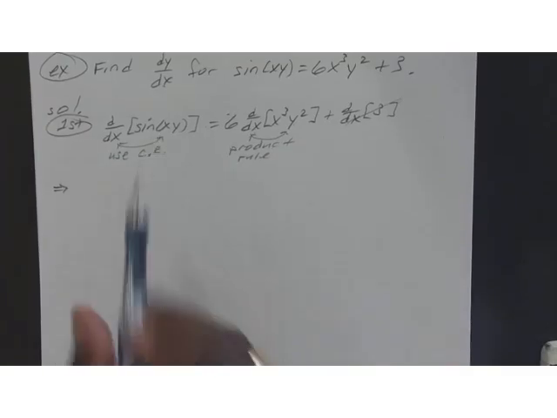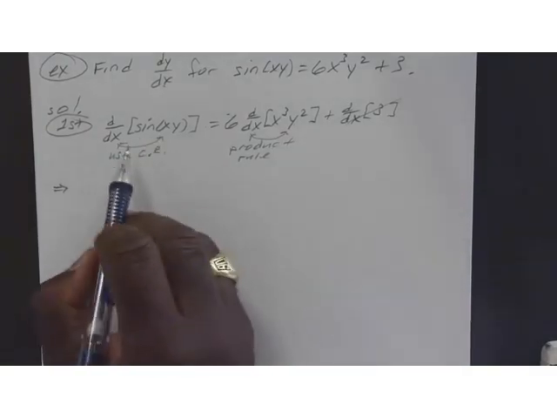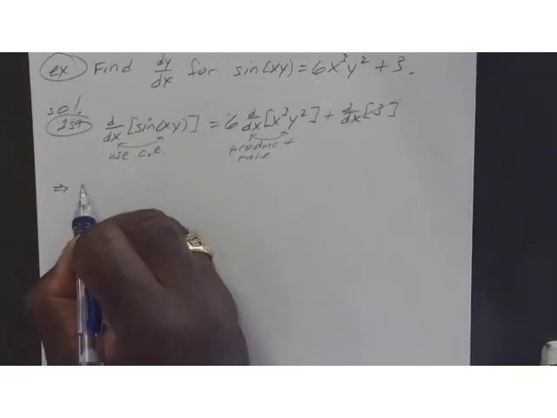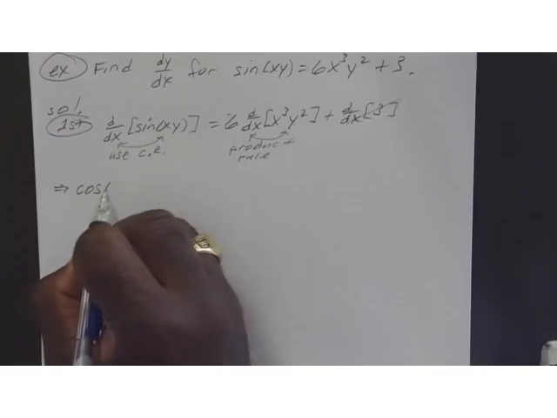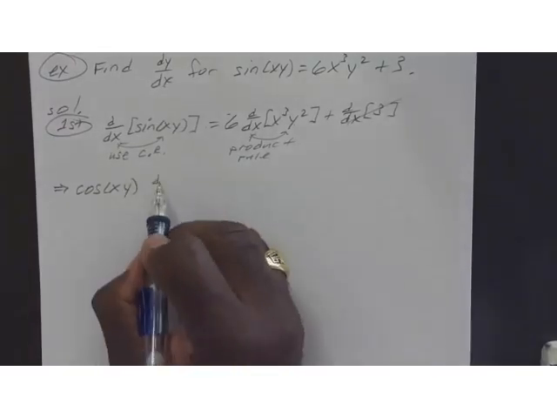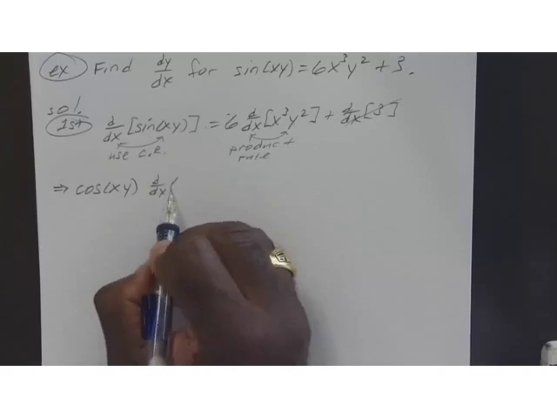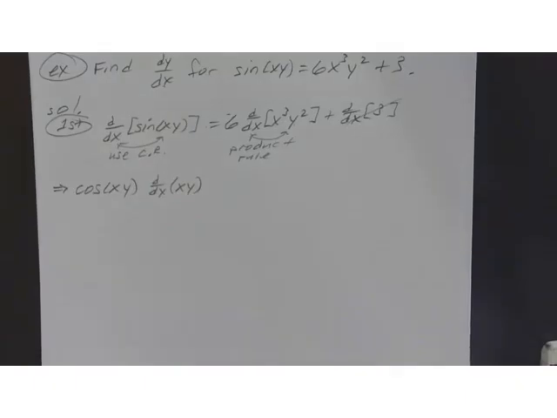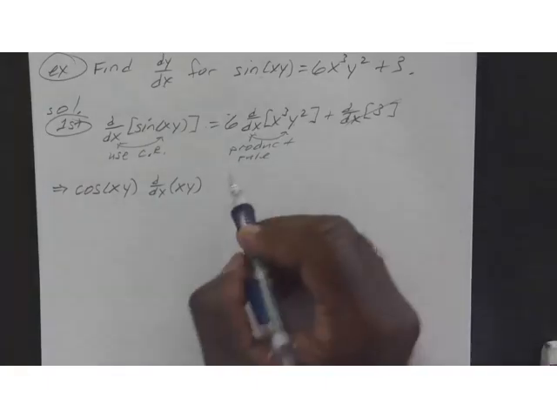Okay. So using the chain rule for trig functions, we know the derivative of sine is cosine. That gives us cosine of x times y times the derivative of what's inside. So that's the derivative of x times y. And I'll just do the product rule for both at the same time.